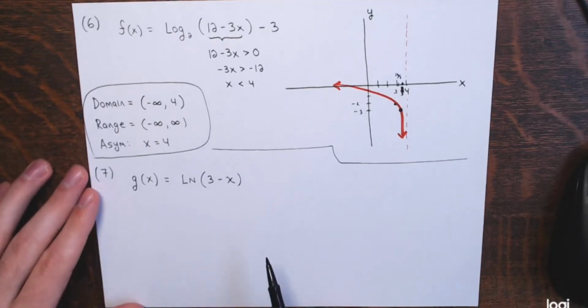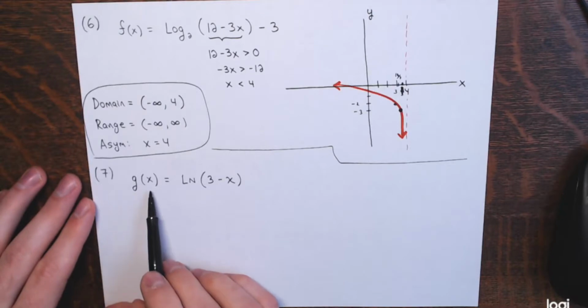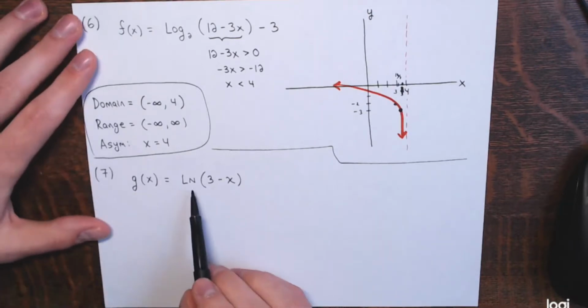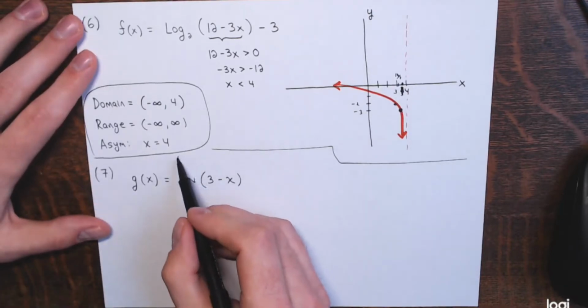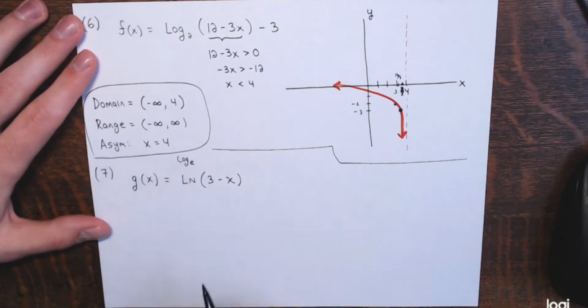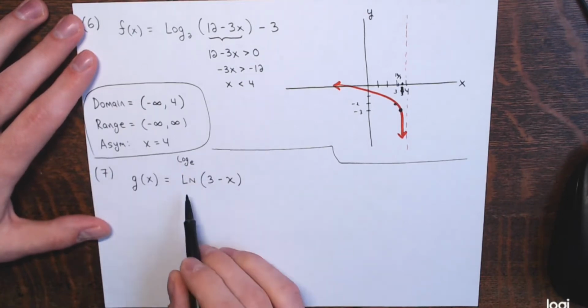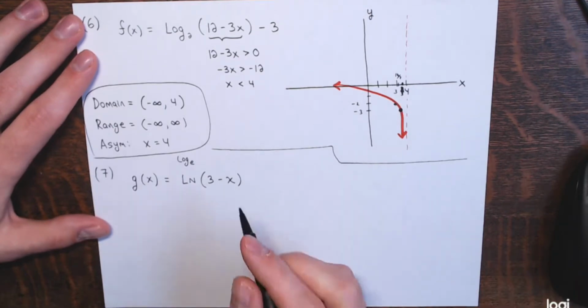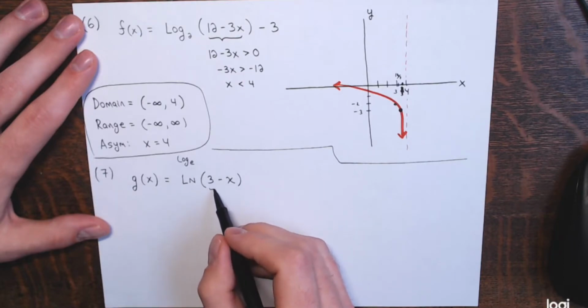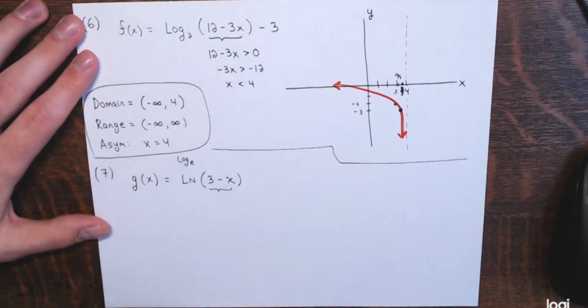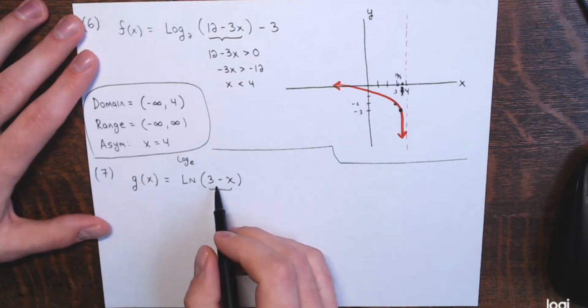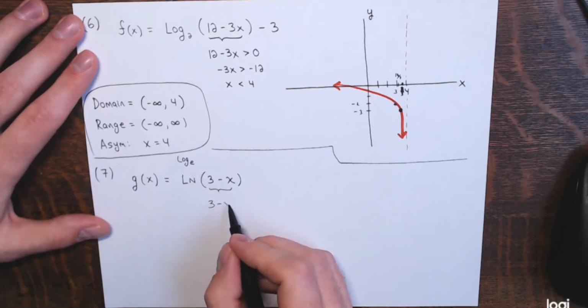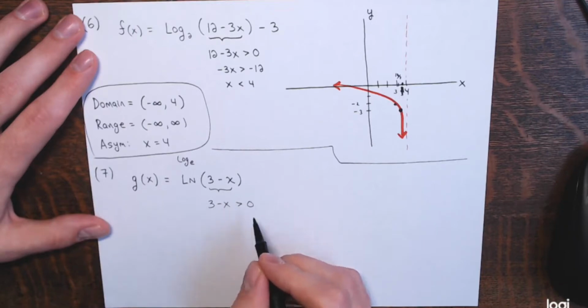Now here, g of x equals, now remember the natural log, this is the log base e. That's what that ln represents, and e was about 2.718 and so on, of 3 minus x. So once again, for the domain, the expression inside the logarithm, 3 minus x, must be positive, must be greater than 0.